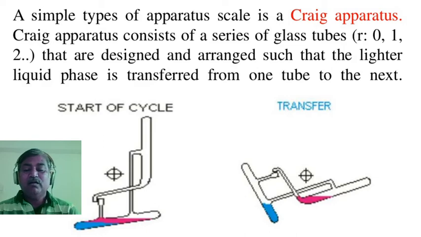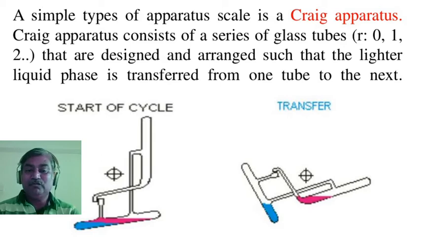Through this inlet, whenever two phases are added, the pink colored phase is one phase and the blue colored phase is another phase. Then the same tube is tilted by 90 degrees.